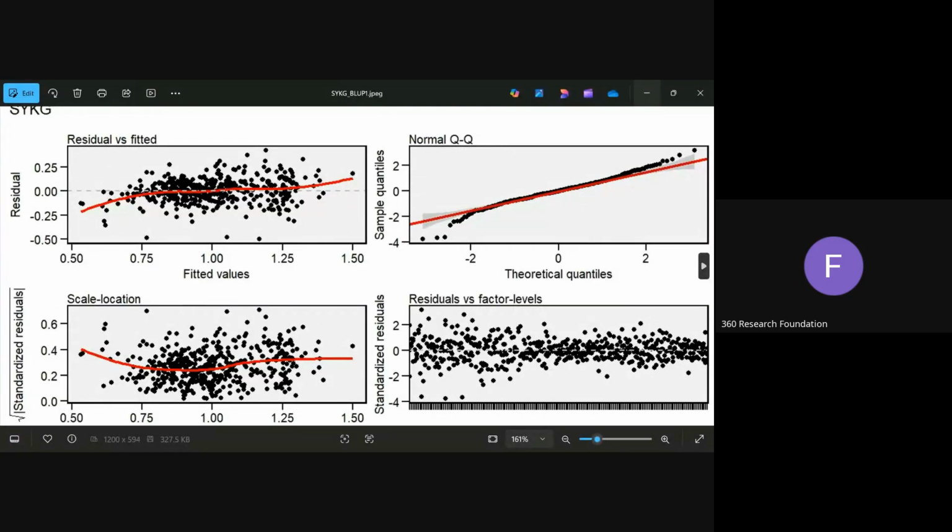What is the formula for residuals? If I give you 1,000 rupees and you return me 700 rupees, then what is the residual? Expected value minus observed value. Yes, 1,000 minus 700 is 300. So that is the residual.